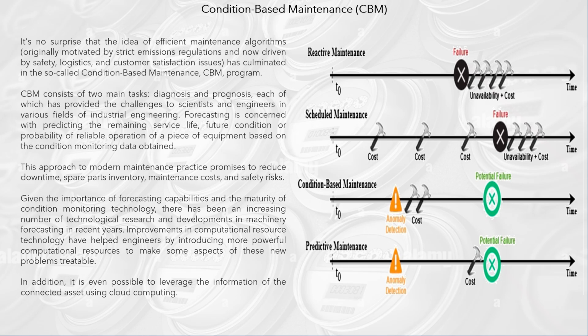Given the importance of forecasting capabilities and the maturity of condition monitoring technology, there has been an increasing number of technological research and developments in machinery forecasting in recent years. Improvements in computational resource technology have helped engineers by introducing more powerful computational resources to make some aspects of these new problems treatable. In addition, it is even possible to leverage the information of the connected asset using cloud computing.